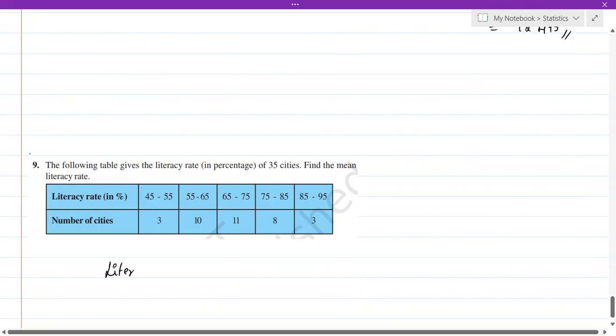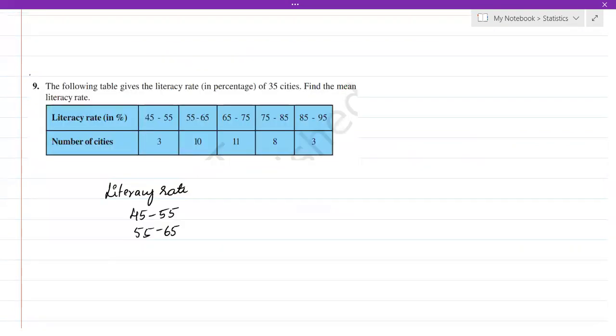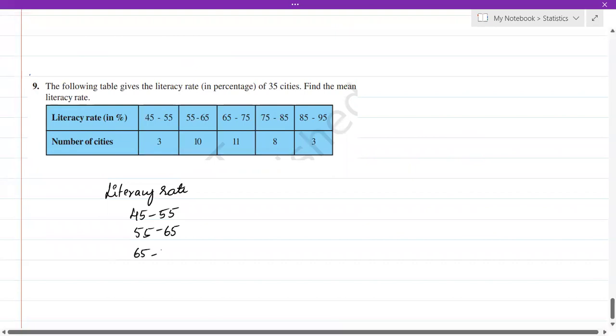Literacy rate, that is 45 to 55, 55 to 65, then it becomes 65 to 75, 75 to 85, 85 to 95. And the number of cities.